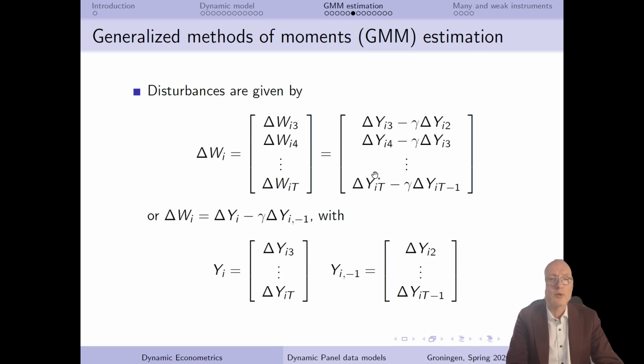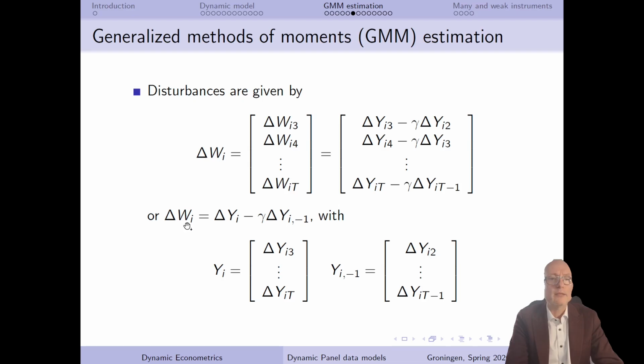Well, apart from that, we also have the following vectors. First of all, we are going to have delta wi. That's actually nothing else than a vector that starts here with delta wi3, then we have delta wi4 up till delta wi capital T. And that's, of course, nothing else than, for example, here we have as first element delta yi3 minus gamma delta yi2.